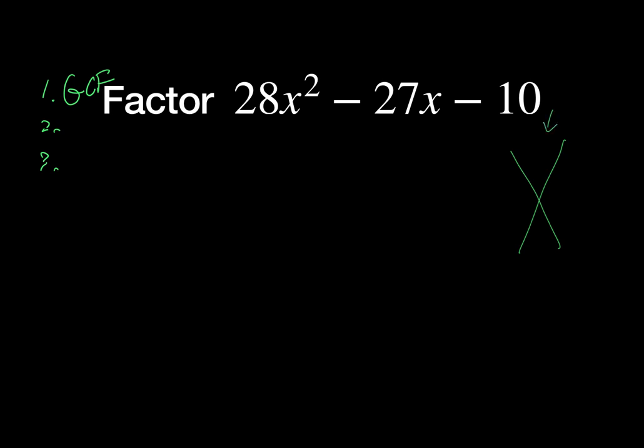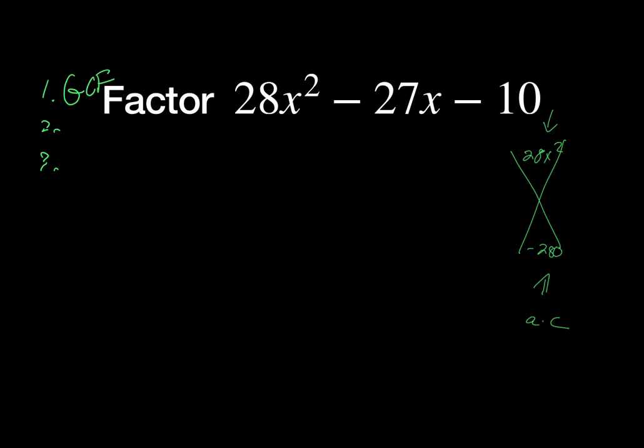Up here goes the first term, 28x squared. In the bottom, it's a times c, which is negative 280, 28 times negative 10. And then I am trying to think what numbers multiply to negative 280.